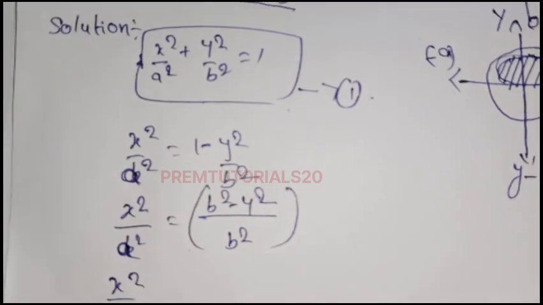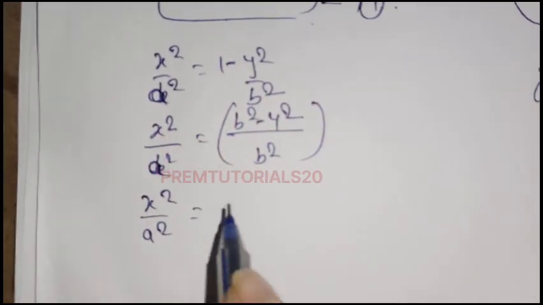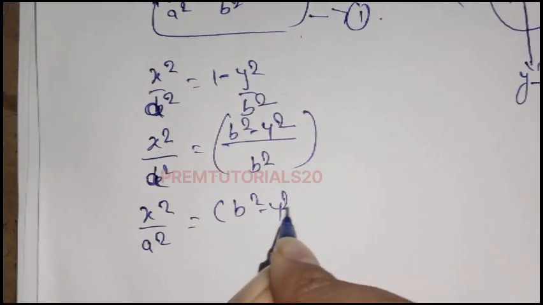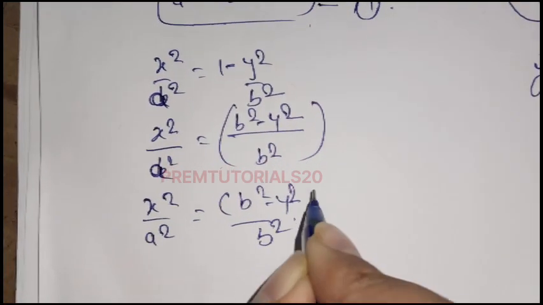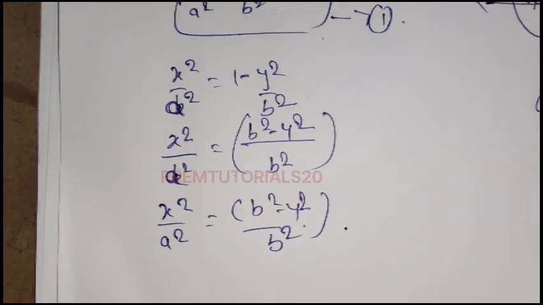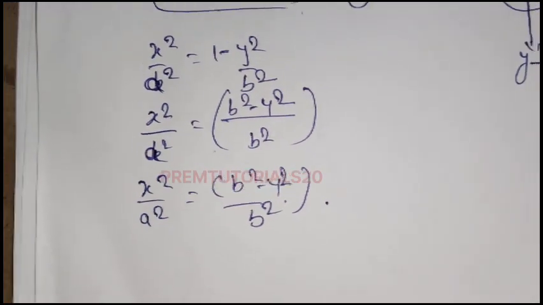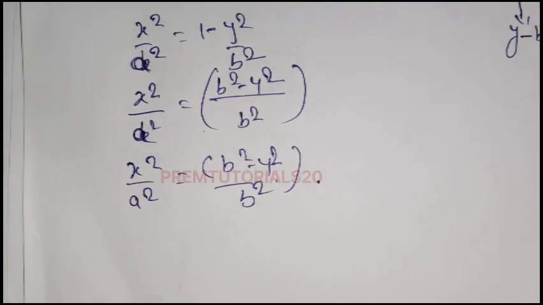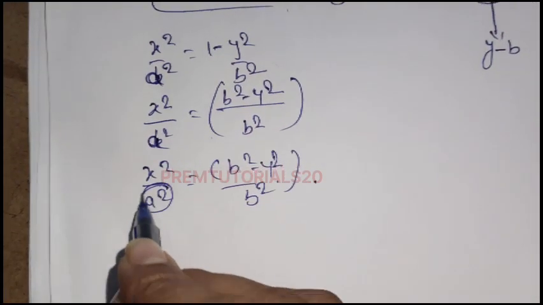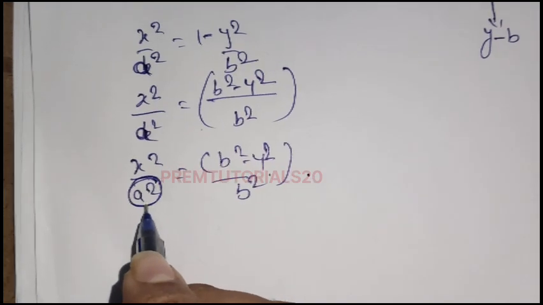Now x square by a square equal to b square minus y square by b square. This is the value we get for x square by a square.